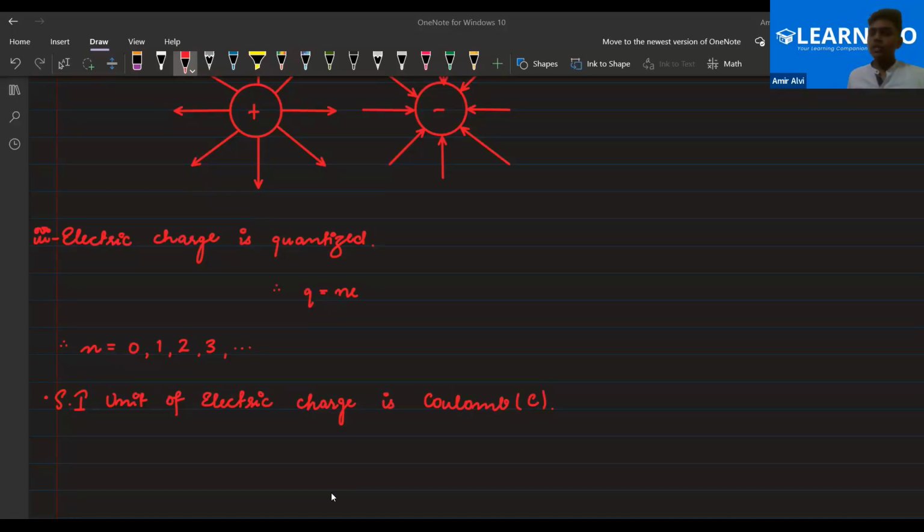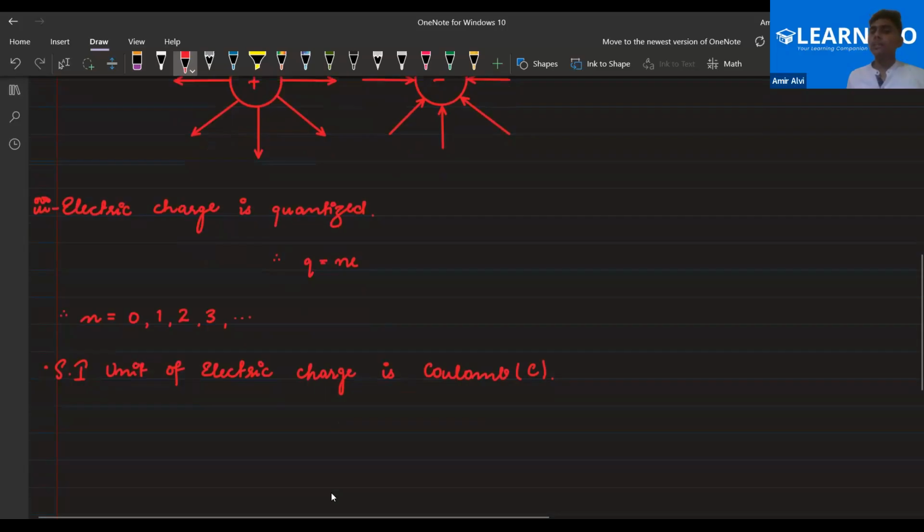So charge can only exist in integral numbers. Okay. Any doubt, please do let me know.